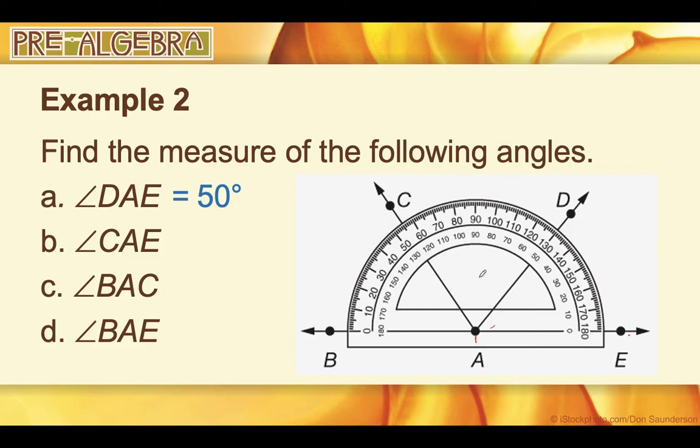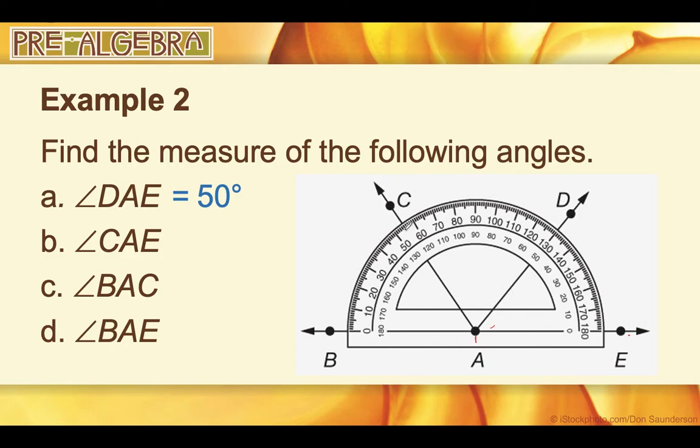Let's talk about angle CAE. Now, what kind of angle is CAE? It is an obtuse angle, so it's got to be greater than 90 but less than 180. Again, where are we starting from? We're starting at 0 degrees, going all the way up to about, let's see, it's in between 120 and 130.